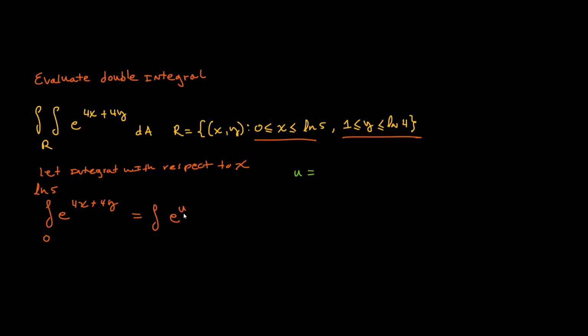So we substituted 4x plus 4y with u. So u equals 4x plus 4y. And let's find the derivative of x.